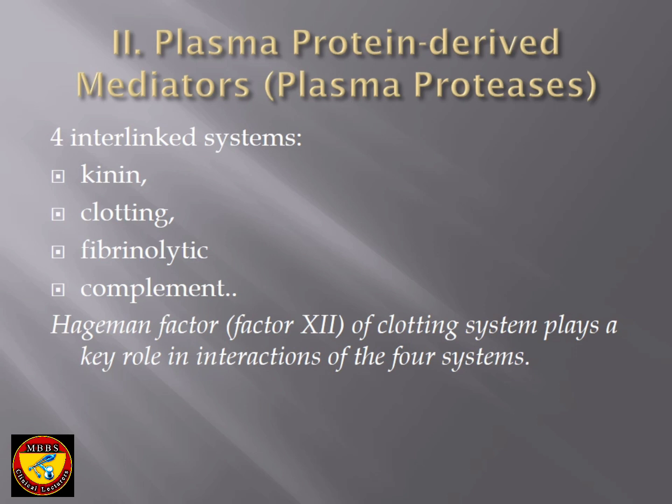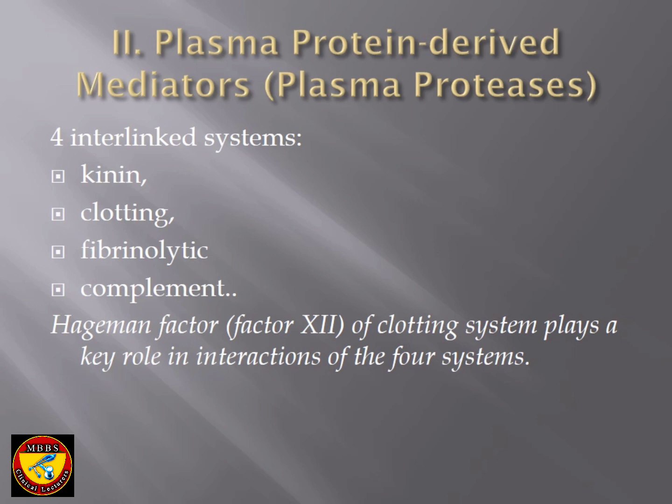Each of these systems has its inhibitors and accelerators in plasma, with negative and positive feedback mechanisms. In these chemical mediators, the Hageman factor, which is factor 12 of the clotting system, plays a key role in interactions of the 4 systems.